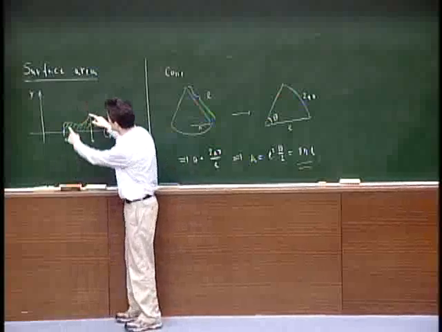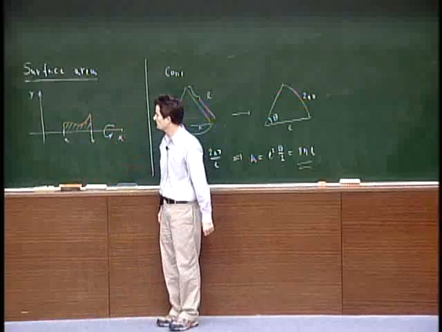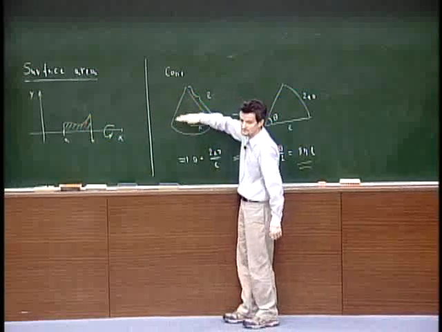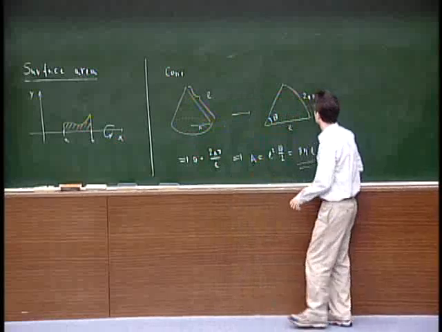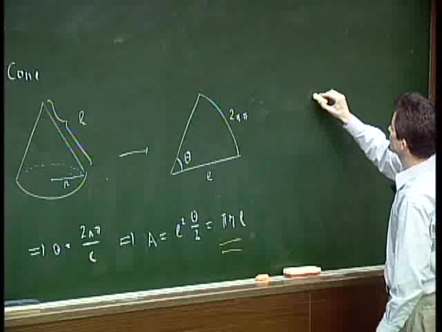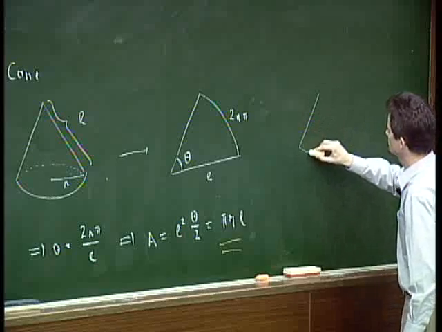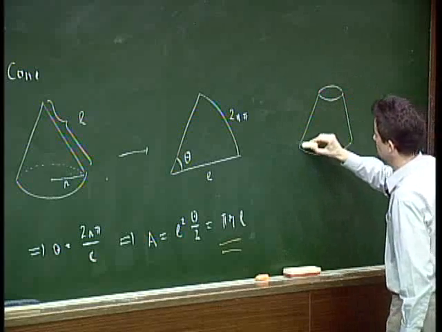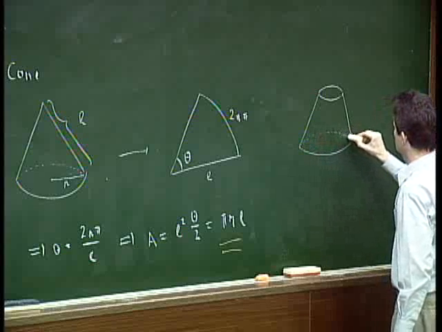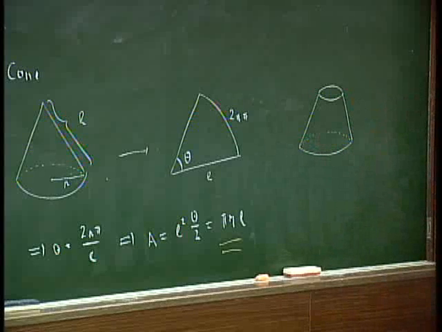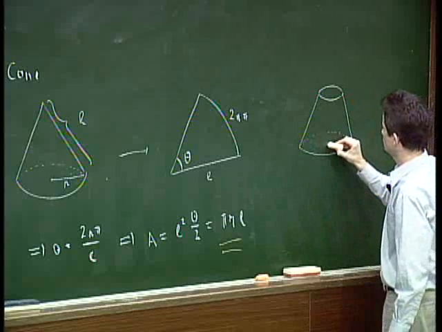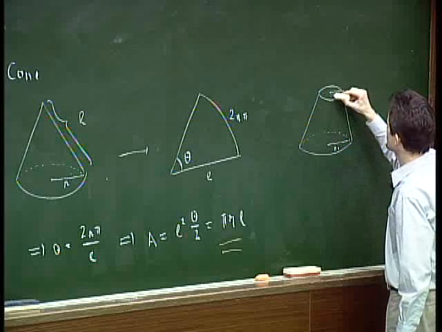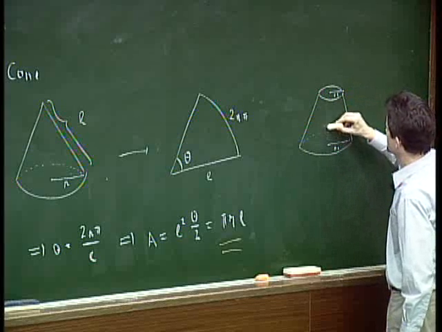Now, what we are actually interested in, because if you think about a line here, you just have a line here. You rotate one line. What you get almost looks like this here, but it's just the bottom cut off. As I said, this is called the frustum. So if you have just some part of the cone, let's say this radius here is now R1, this radius is R2.